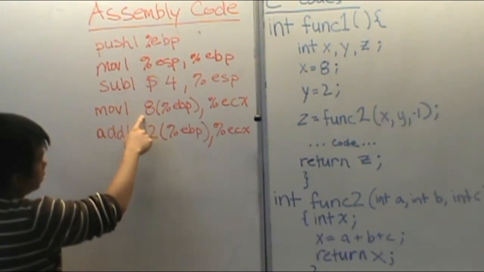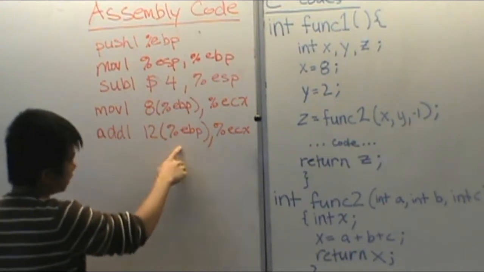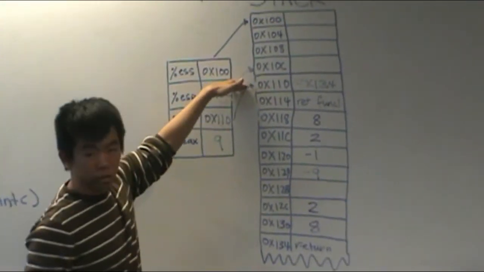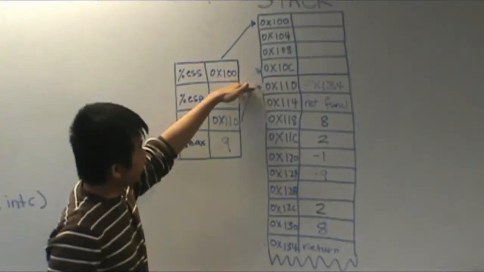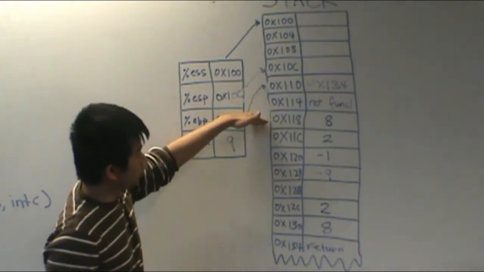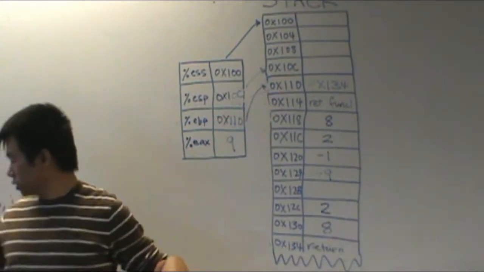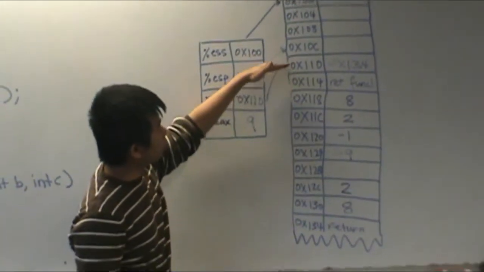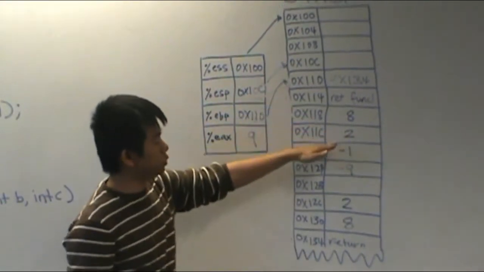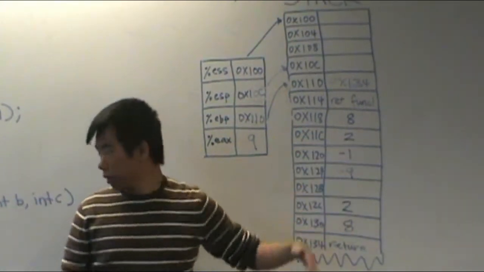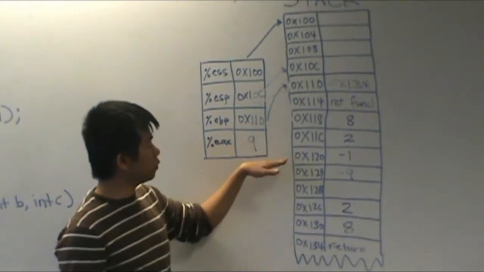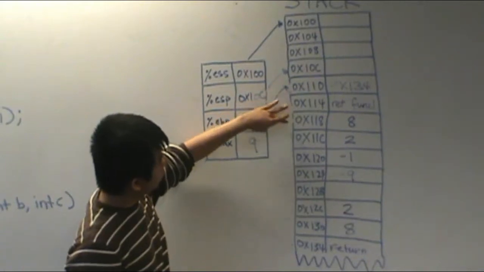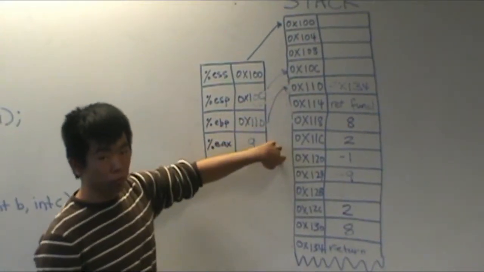Why am I using 8 and 12 to offset EBP? Because EBP is right here where 110 is. 8 from EBP is where variable A is for function 2. And 12 from EBP is where B is for function 2. So for the next value to add to C, it will be 1, 2, 3, 4. So 4 times 4 will be 16.